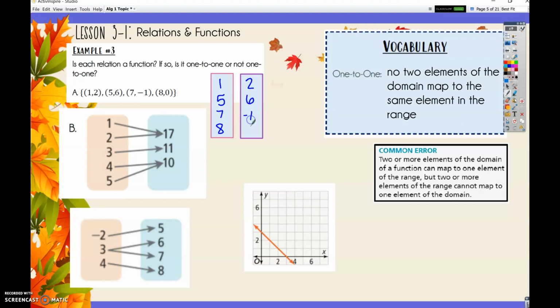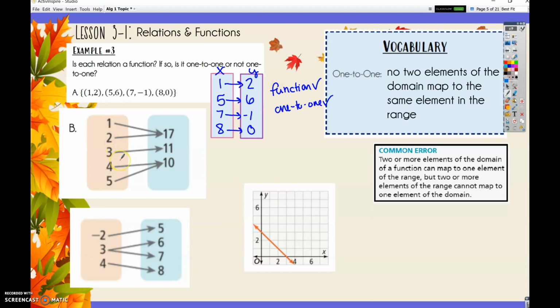Now in this case, none of these values repeat. 1 maps to 2, 5 maps to 6, and so on. Because each of these X inputs only maps to a unique Y output, none of them are repeated at all in either of the boxes, we say this is not only a function, but it's also one-to-one. That means every matchup is unique.